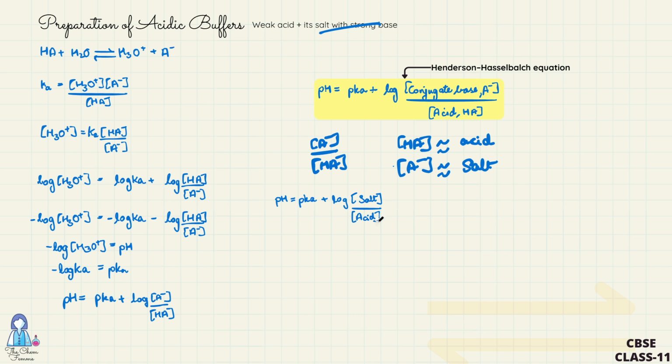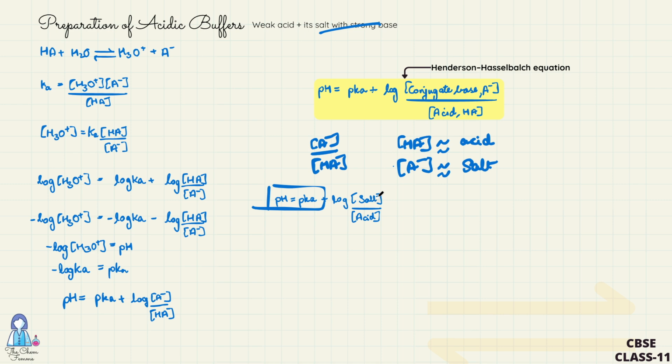When the concentration of salt and acid are equal to each other, then you will have pH equal to pKa. When the concentration of salt equals the concentration of acid, it becomes log 1, which is equal to 0. That's when pH equals pKa.